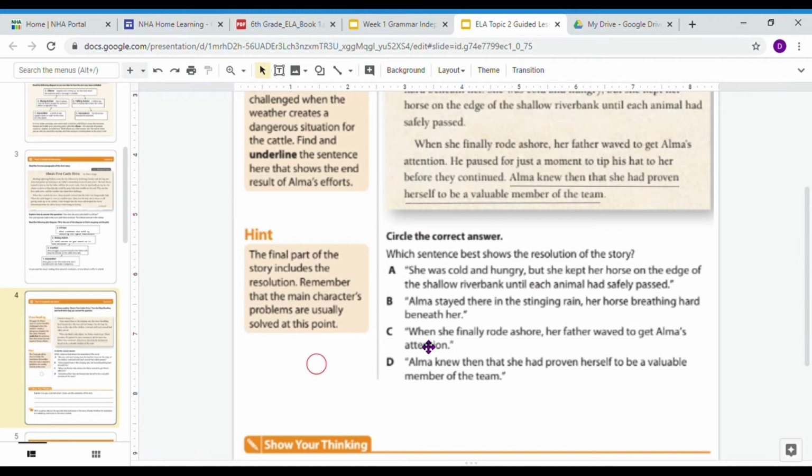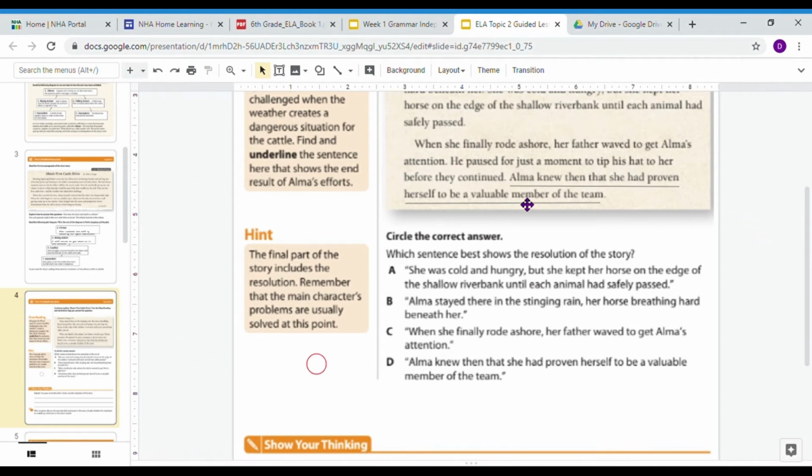Is it A, she was cold and hungry, but she kept her horse on the edge of the shallow riverbank until each animal had safely passed? B, Alma stayed there in the stinging rain, her horse breathing hard beneath her? C, when she finally rode ashore, her father waved to get Alma's attention? Or is it D, Alma knew then that she had proven herself to be a valuable member of the team?